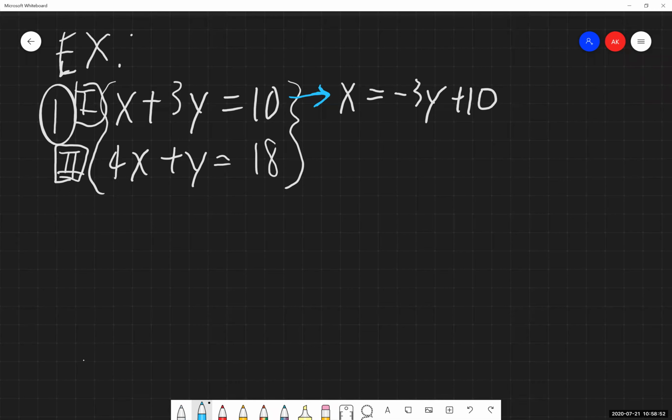Now from here, step 2. Substitute the expression from step 1 into the other equation for the corresponding variable. So I just found x equals negative 3y plus 10. I'm now going to substitute that in for x in my second equation. And my recommendation for you when you do this, write out the original equation first.